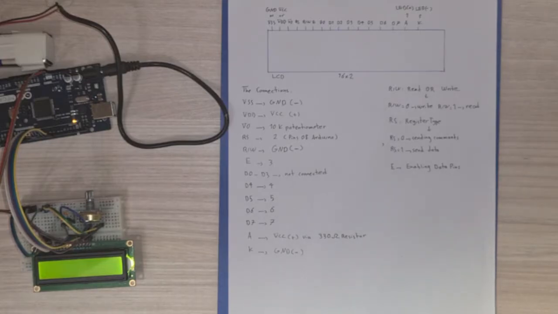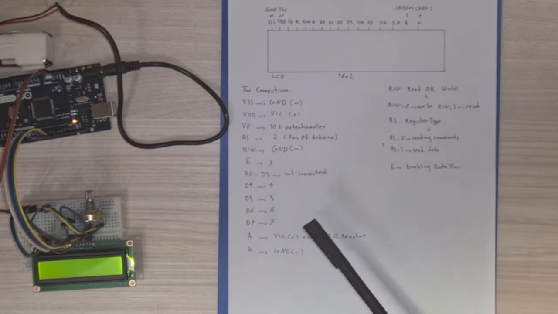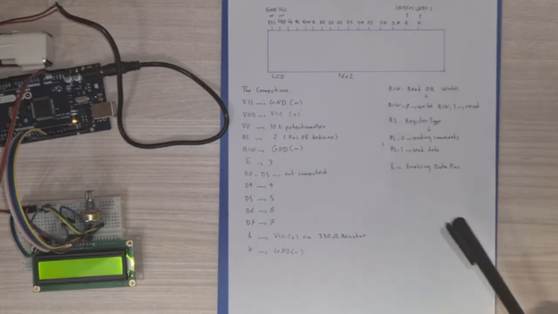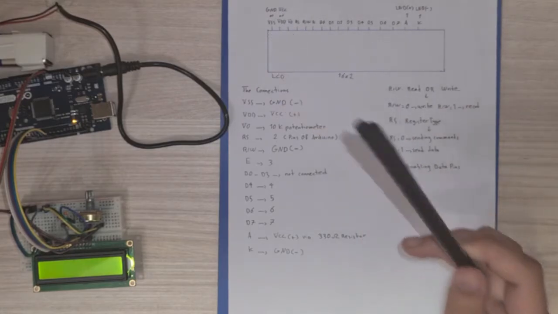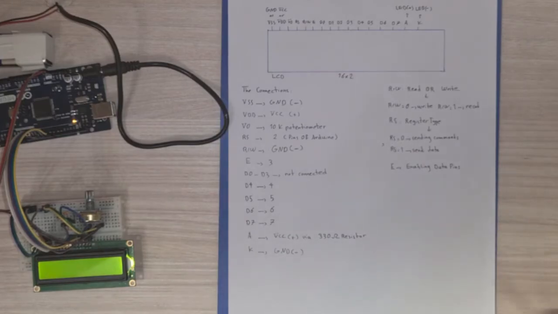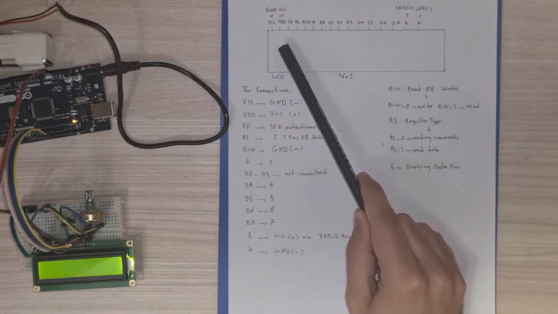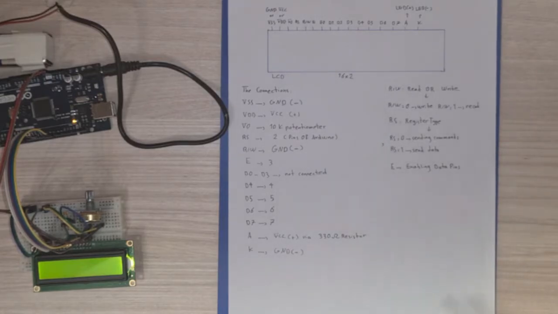So let's explain the pins and how to connect them to Arduino. The first and the second pin, which are VSS and VDD, go to GND and VCC, negative and positive of the Arduino. And V0 or VEE is for controlling the contrast of the LCD display.